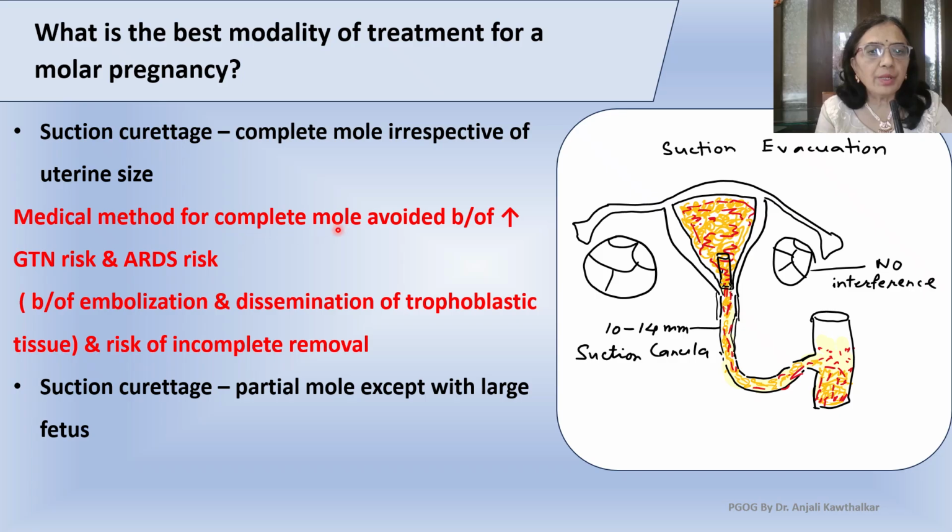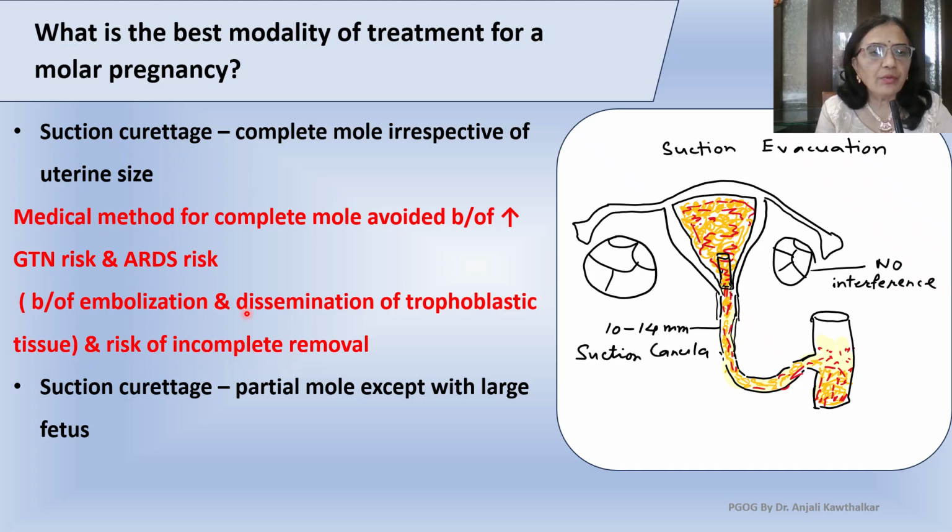Medical method for complete mole is avoided. Why is it avoided? Because it is associated with an increased risk of GTN and ARDS. The ARDS-like picture is because of embolization and dissemination of trophoblastic tissue. And with the medical method there is more risk of incomplete expulsion.